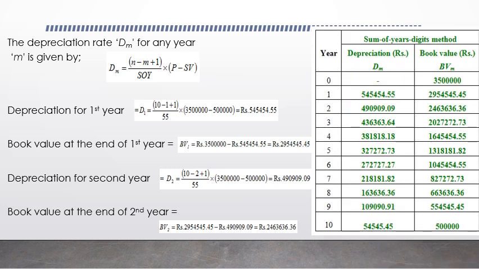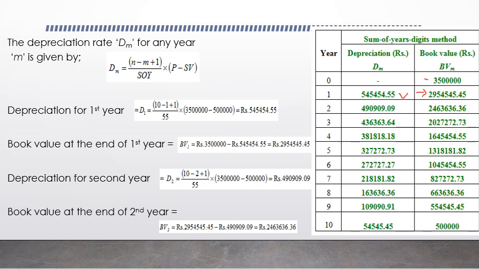Now let me tabulate that here very clearly. See here, we can very easily note down. The value remaining in the asset at the beginning is 35 lakh. First year's depreciation is this much. So this column minus this value, you will get the book value at the end of first year.